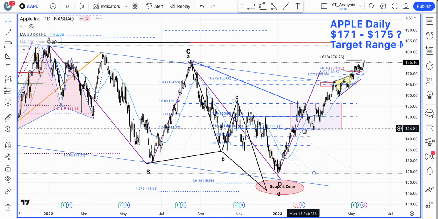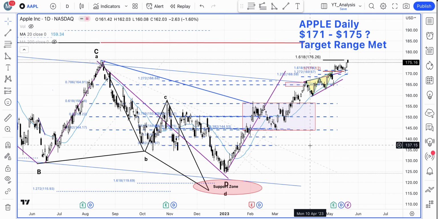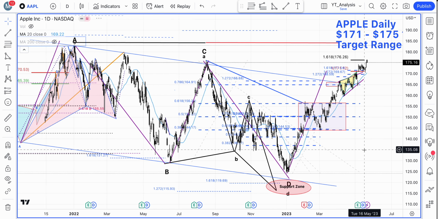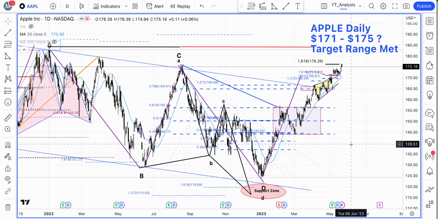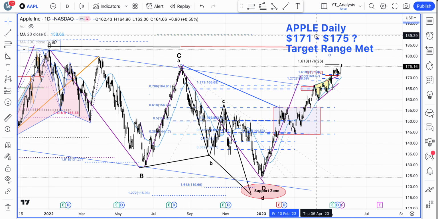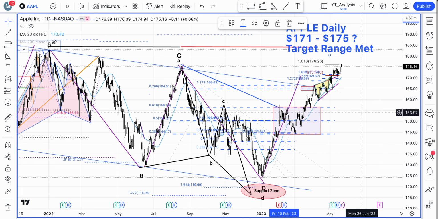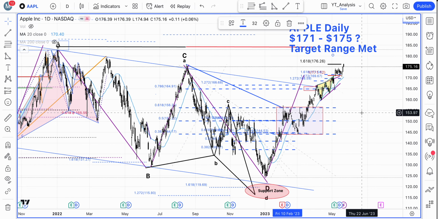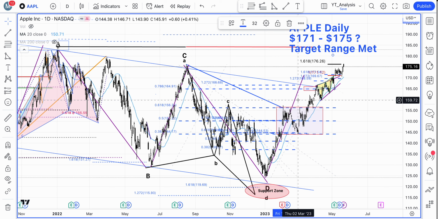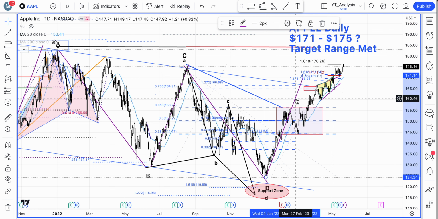Now guys, for now we don't have any higher targets for Apple, and we are just watching the price action to give us more clues. What is also important to note is we had been talking about this symmetry in the marketplace, that is, moves of similar price.